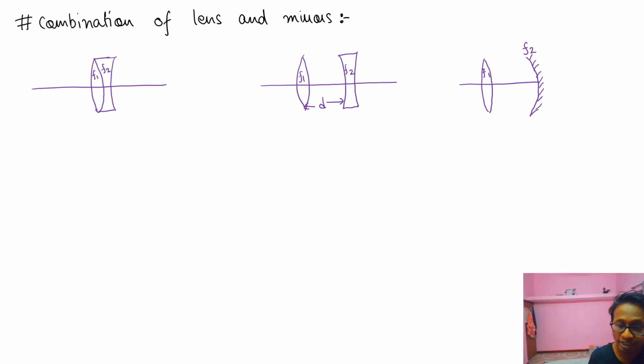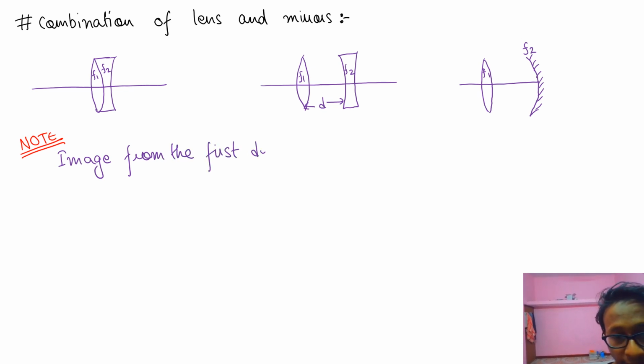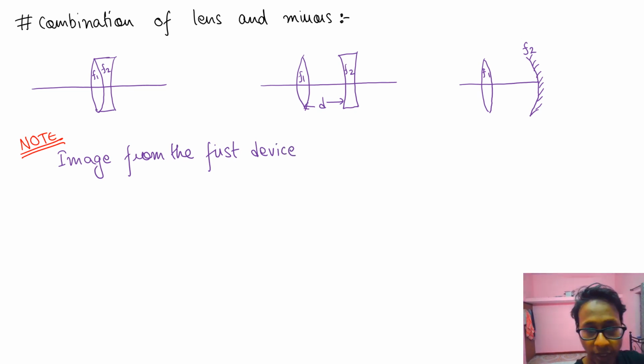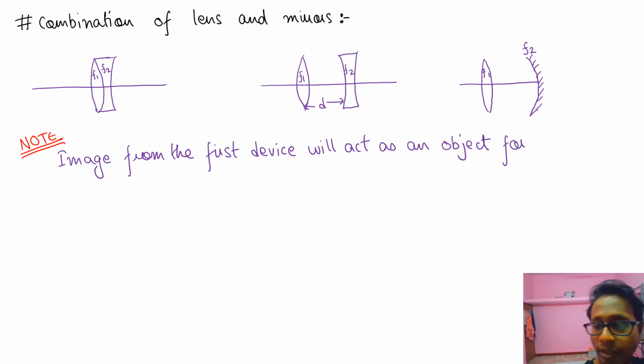So whichever combination I'm using, always note that the image from the first device, meaning lens or mirror, will act as an object for the second device, the second lens or mirror.